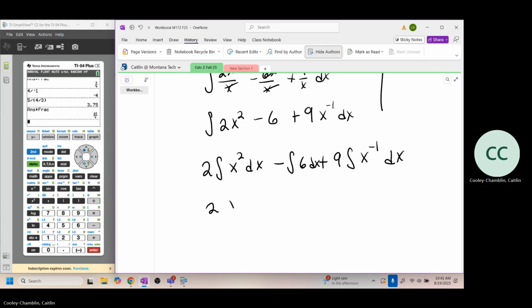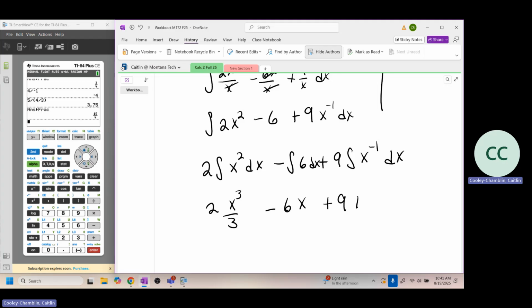So 2x cubed divided by 3 minus 6. Remember, if it's alone, we're going to tack on an x. Plus 9. If we see an x to the negative 1, your brain should be screaming ln of x, ln of x, ln of x.